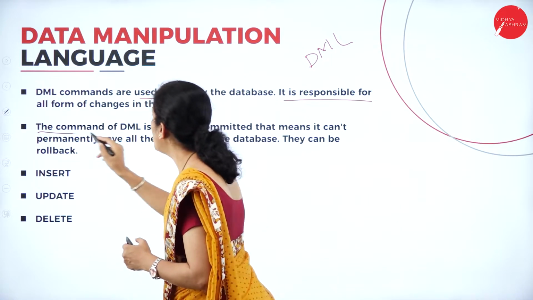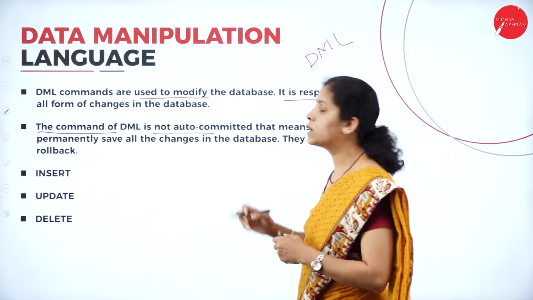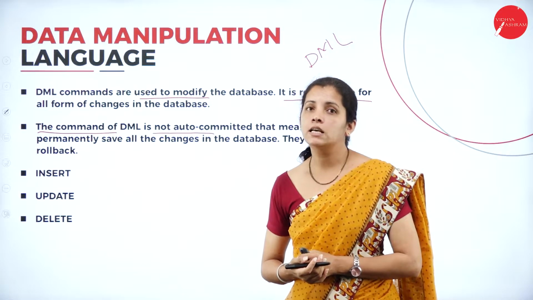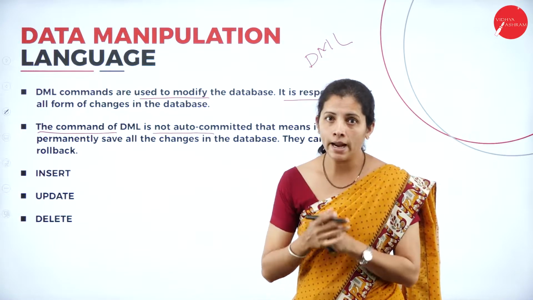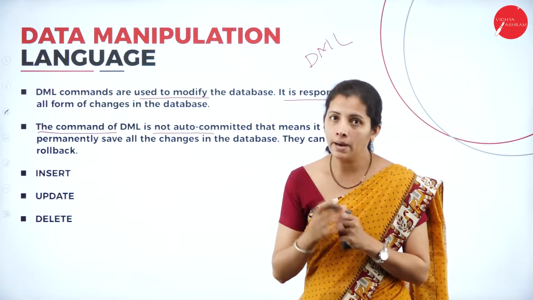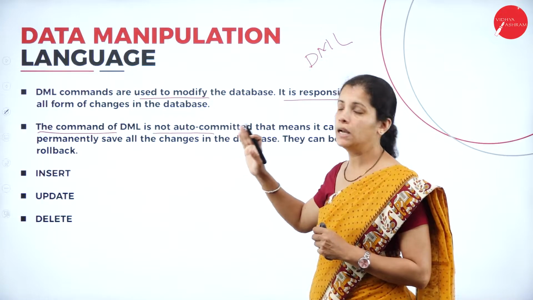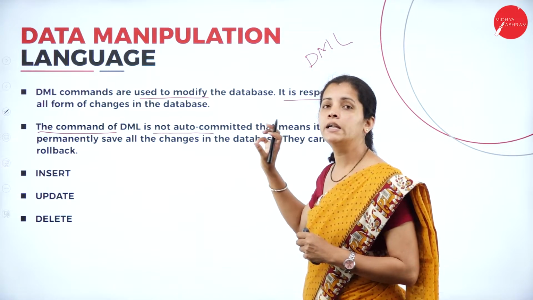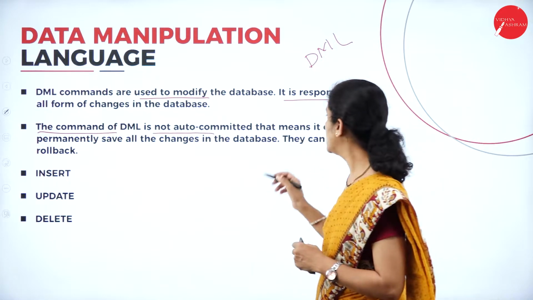So the commands of DML are not auto committed. If I consider DDL, it is responsible for saving the content automatically and permanently. But if I go with DML, it is not auto committed. That means the contents are not automatically stored permanently.